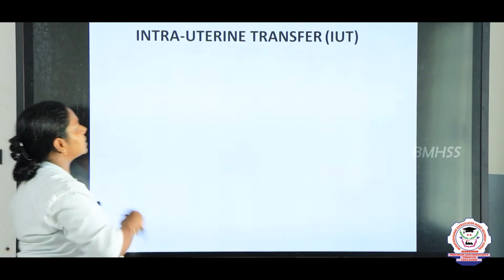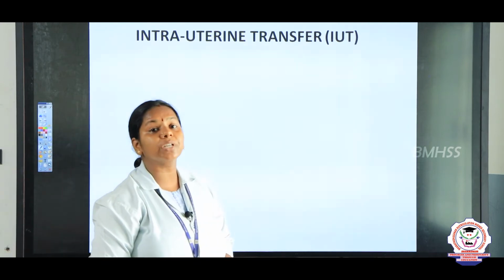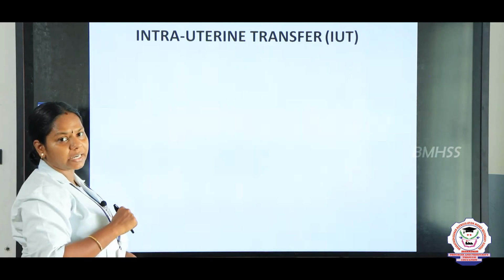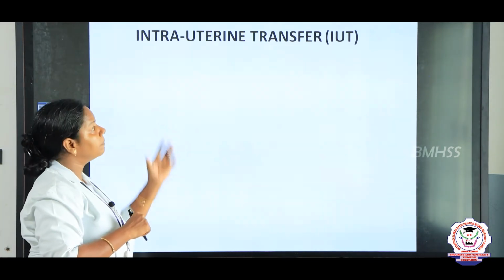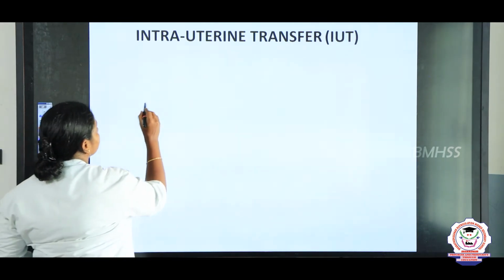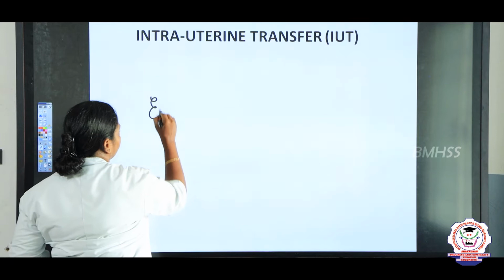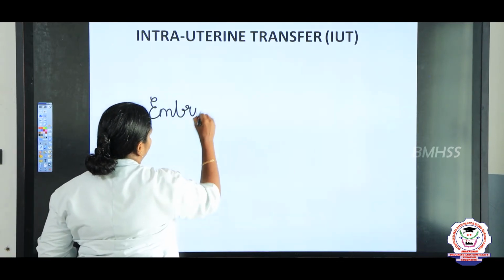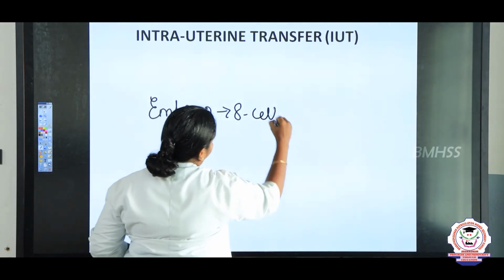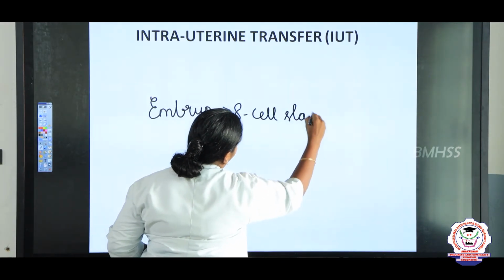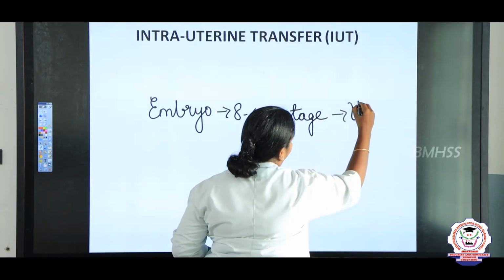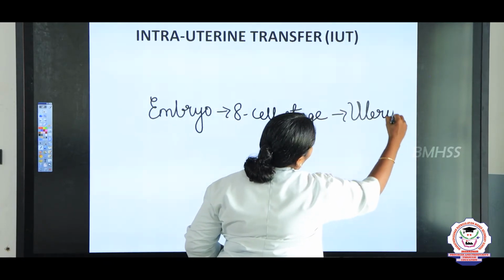Next one we are going to see is the intrauterine transfer. Same, children, in the first one, ZIFT, they transfer the zygote inside the fallopian tube, but here they are transferring the embryo at the 8-cell stage directly into the uterus.